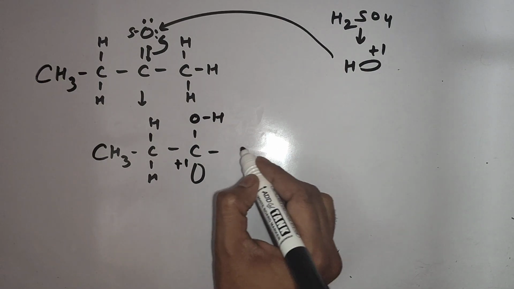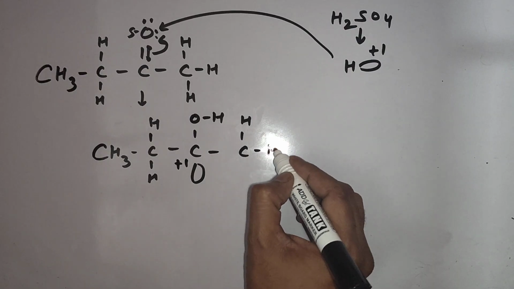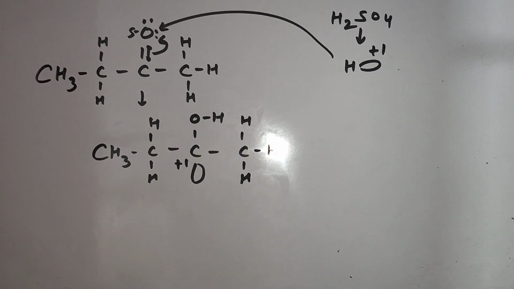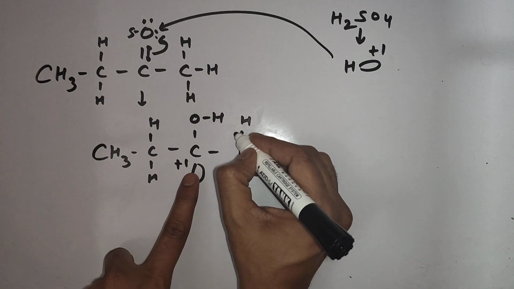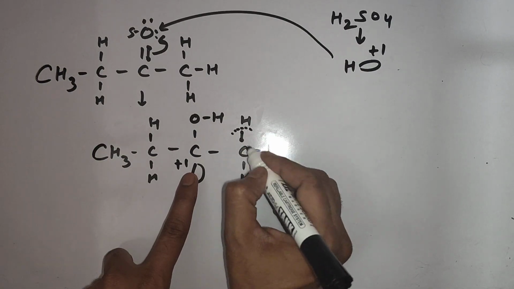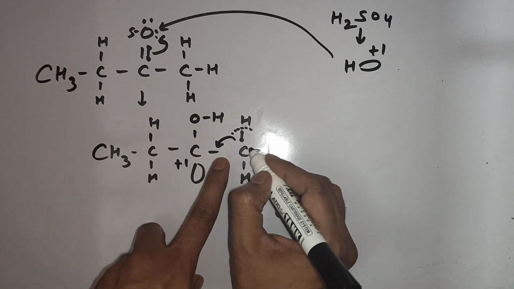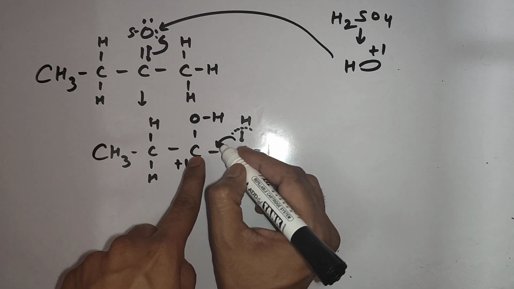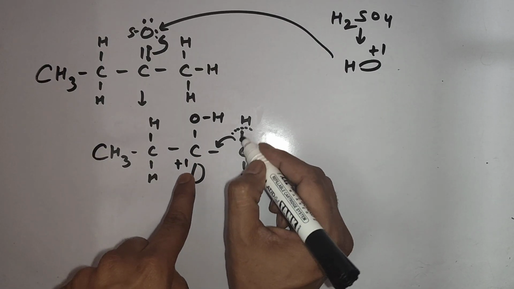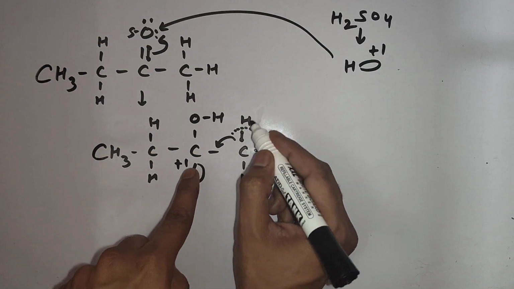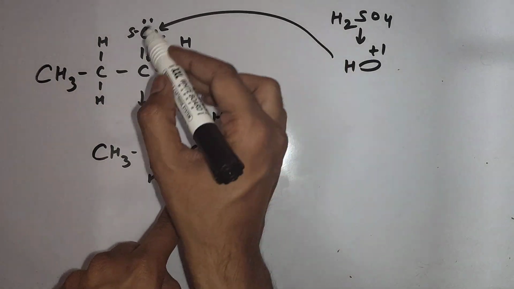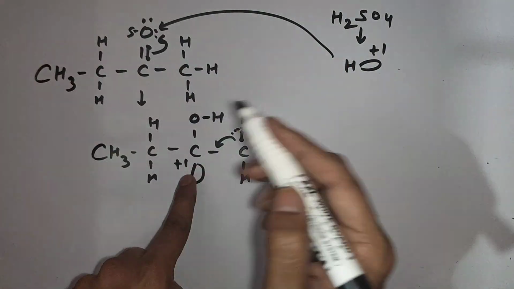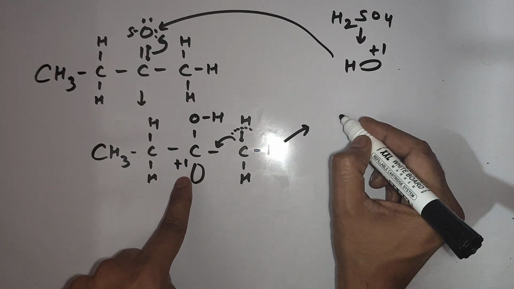Carbocation will generate. Now this carbocation, this carbon with a vacant orbital, can be satisfied from two sides. Either from the right hand side, this carbon will shift its electron toward this carbon's vacant orbital, two electrons will make a bond and hydrogen will release out as H positive, and that H positive will bring this reaction again with another molecule of ketone. So that is the first possibility.